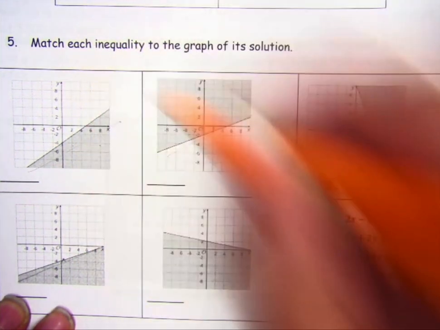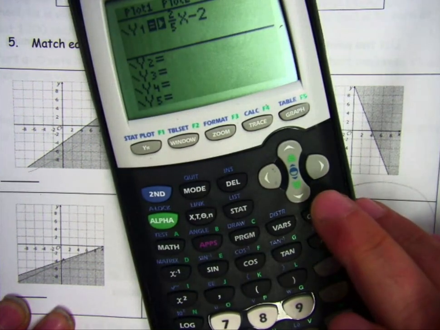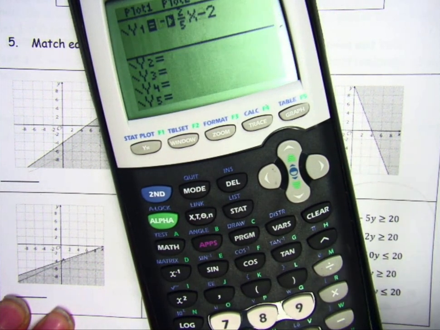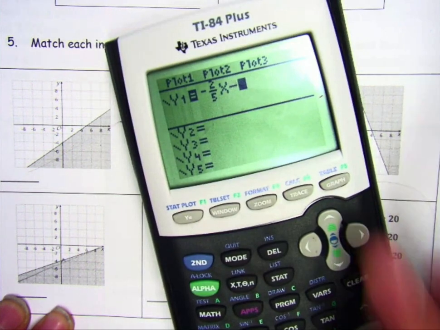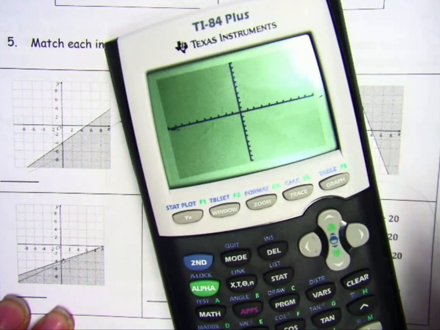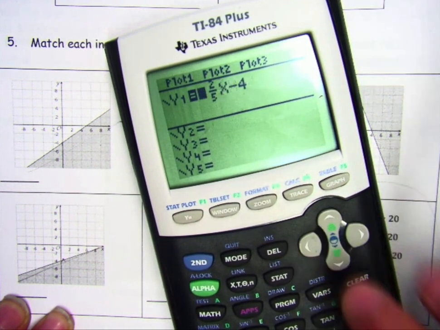It is really hard to see, so I'm going to use my calculator to double check. So I have negative 2 over 5 minus 4. I messed up, sorry. This is actually just 2 over 5.